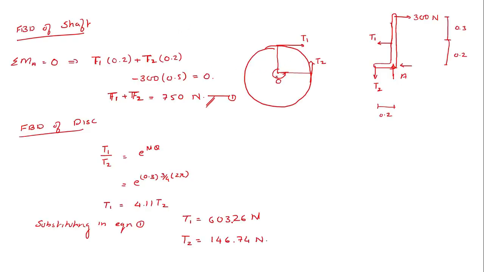Now M, you are finding the moment of these forces with respect to the center here. The radius is 0.3, so T1 into 0.3 will be clockwise, and T2 into 0.3 will be anti-clockwise. Anti-clockwise will be positive, clockwise will be negative. So T1 will yield a clockwise moment, so I'll write minus 603.26 into 0.3, and T2 will give an anti-clockwise moment, so plus 146.74 into 0.3.